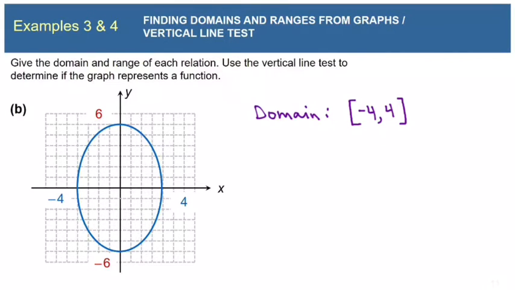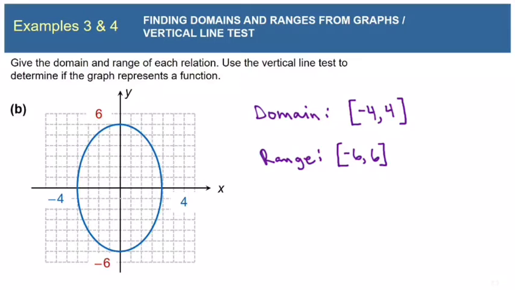Now for range, again, we want to use an interval because we want to include all of these points, but we don't want to have to list all of these points. So the range will be the smallest y value to the largest y value. So the smallest y value looks like -6, and the biggest y value looks like +6, and that's our range.